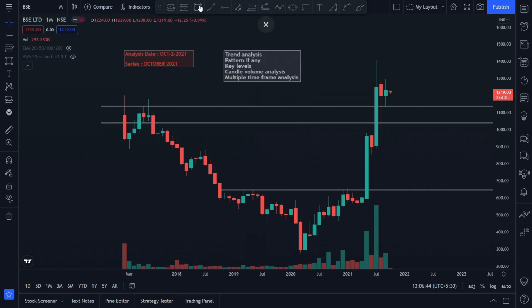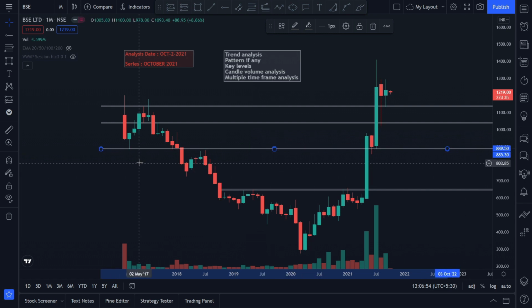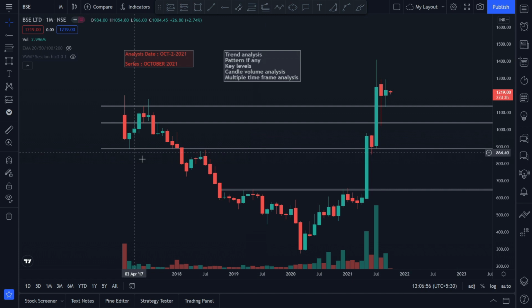I find one more key level here. If you see this part, let me draw that for you. This is a monthly chart, and it can vary a little bit. The weekly body can vary, but definitely if you draw it on the monthly, it should follow in weekly and daily as well. So here it has taken support. Here it has taken multiple supports, in fact, and again here it has taken multiple supports.